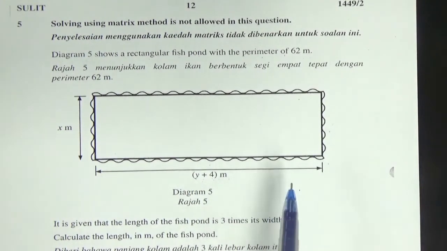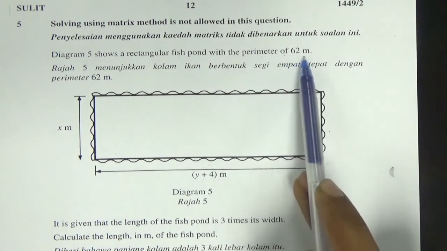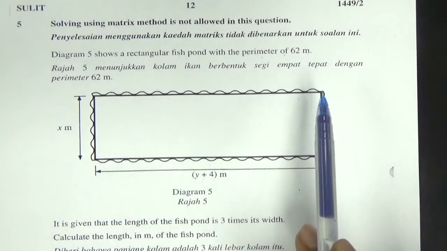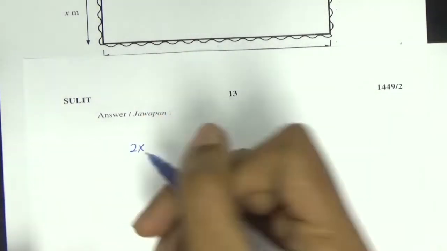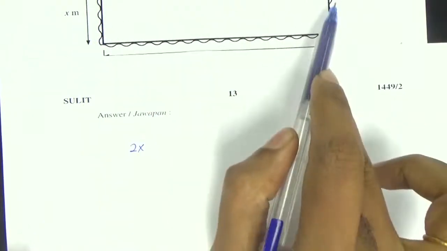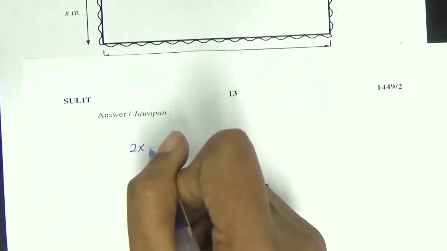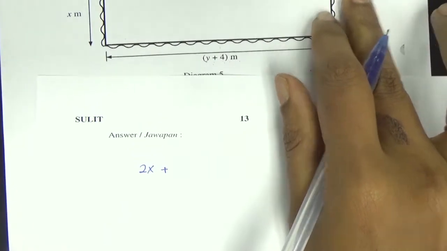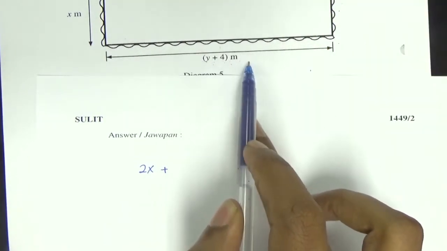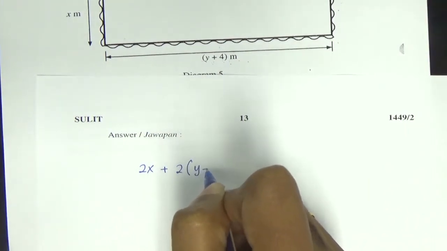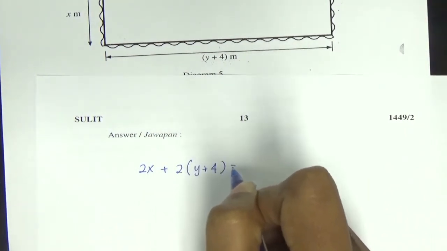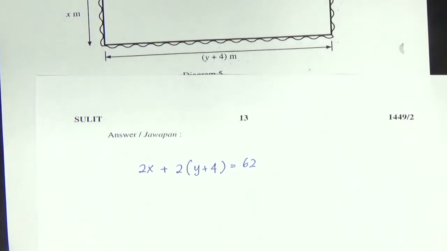As the perimeter of rectangular pond is 62 meter, we can write down it as x for the both side of the width, so plus width the length is y plus 4 meter. So when it's come to two sides, 2 y plus 4 equal to 62 meter.